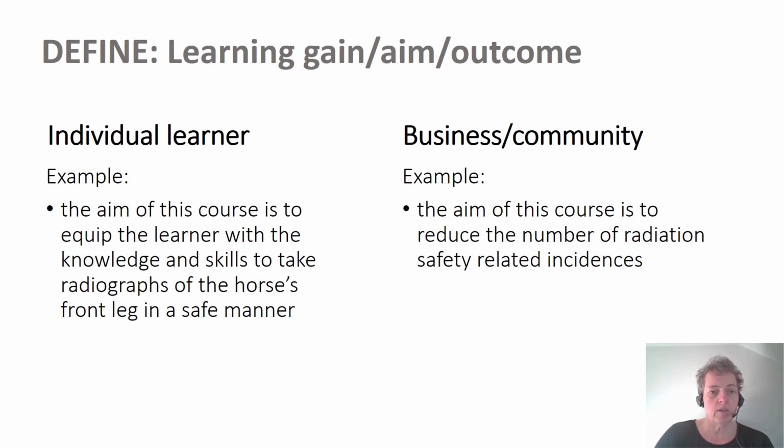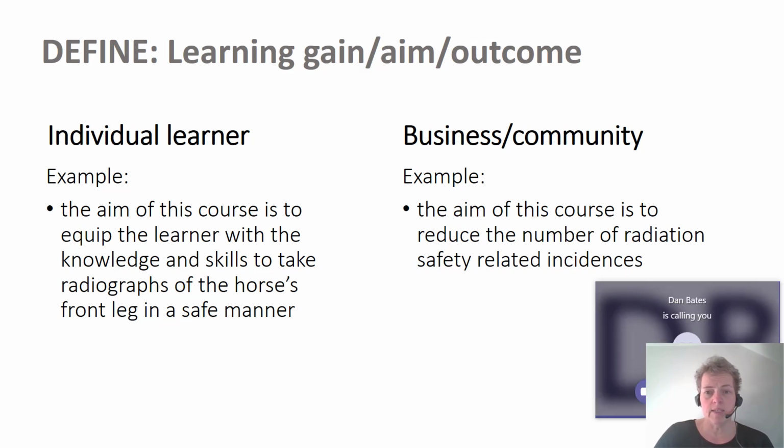So for the individual learner, an example would be, and this is for an online course I've created for radiographing horse leg, the aim of this course is to equip the learner with the knowledge and skills to take radiographs of the horse's front leg in a safe manner. On the business side, the example would be the aim of this course is to reduce the number of radiation safety related incidences.